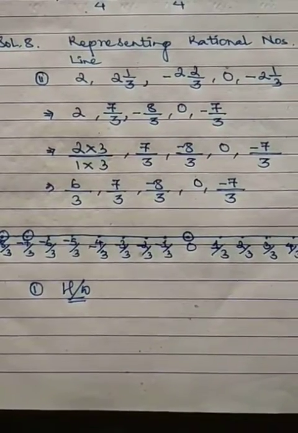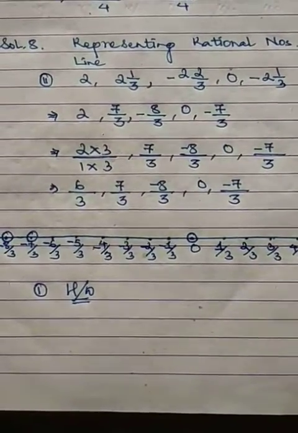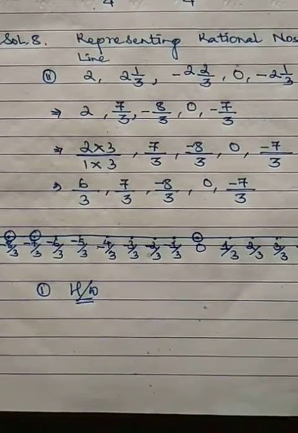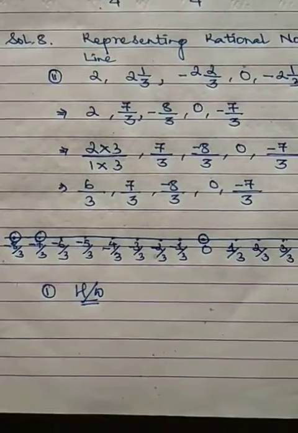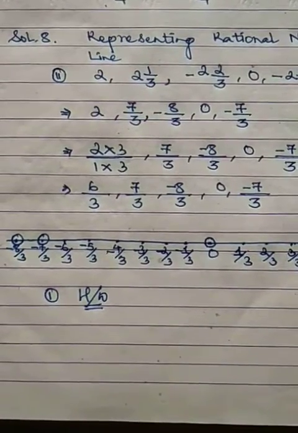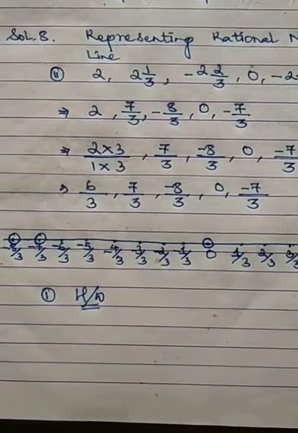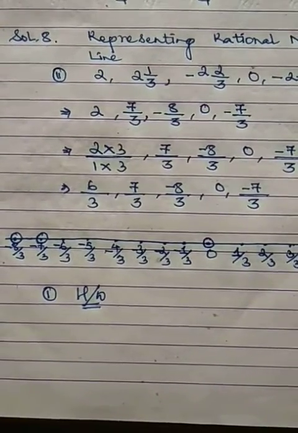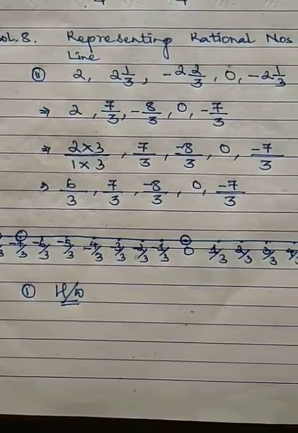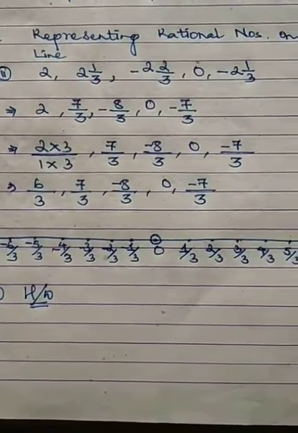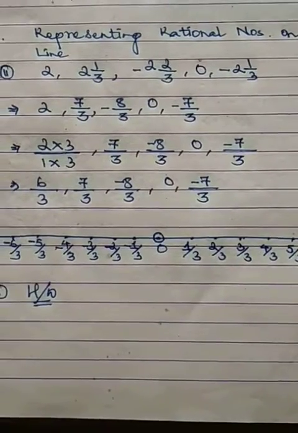Since all the terms have 3 as denominator, all we need to do is make 3 the denominator for the first term. So you will have to multiply numerator and denominator with 3. So after multiplying it, the first term we got as 6 divided by 3, second term 7 divided by 3, third term as minus 8 by 3, fourth term we have 0, fifth term as minus 7 divided by 3.